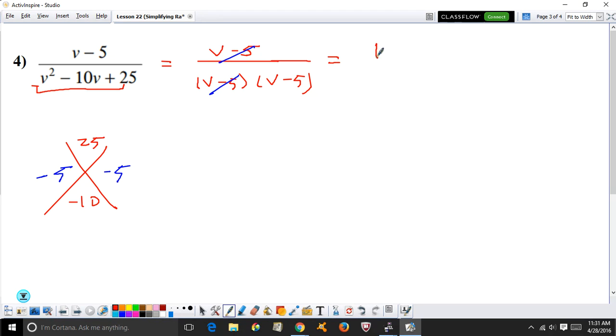So now I have 1 over b minus 5. Now, b should not be equal to 5 because if you plug in 5 for b, you will have denominator 0, and that's an undefined number. So we need to exclude b equals 5.